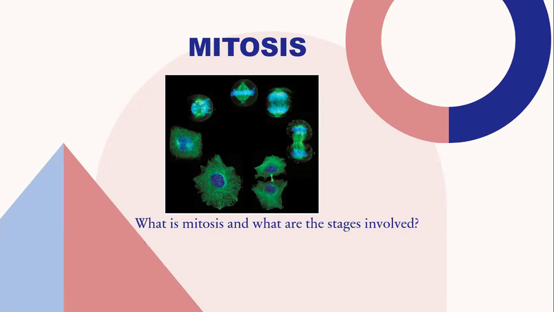We mentioned that we have two types of cell division. The first type that we look at is mitosis. What is mitosis and what are the stages involved? Mitosis is a type of cell division where one cell divides to form two daughter cells that are genetically identical to it. I hope we've gotten that down.